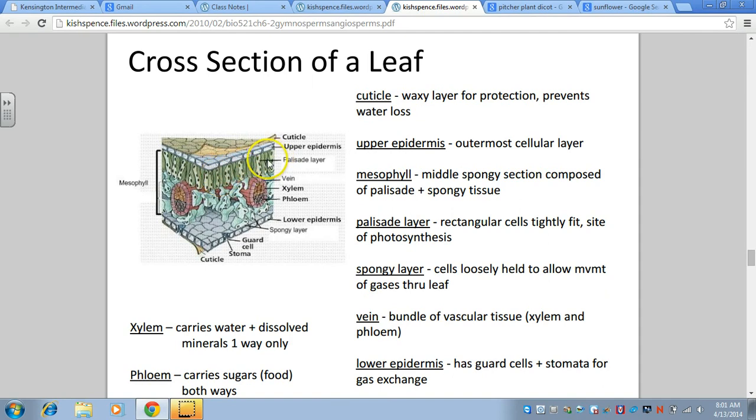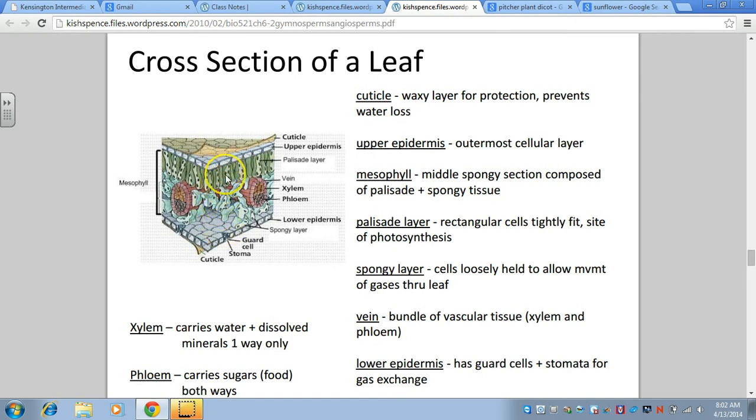So the palisade layer are really tightly fitting cells that are full of chloroplasts, and so they're the site of photosynthesis. Down below it's more loosely fitting cells, so we call them the spongy layer, and they allow gases to move easily between here and here.